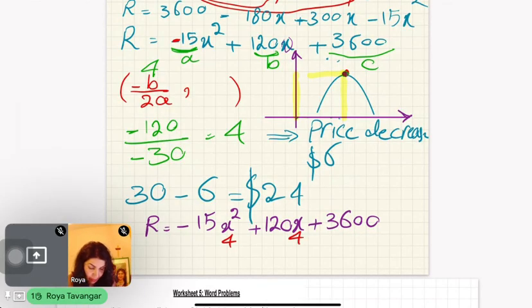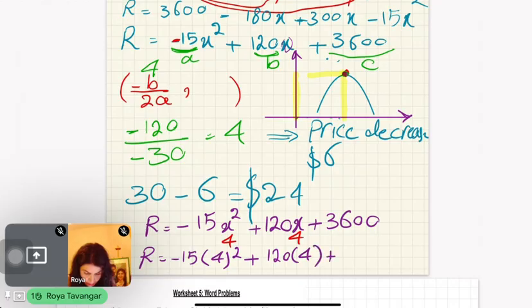We have revenue equal to negative 15 times 4 to the power of 2 plus 120 times 4 plus 3,600. 4 to the power of 2 is 16, 16 times 15, and let me calculate it.